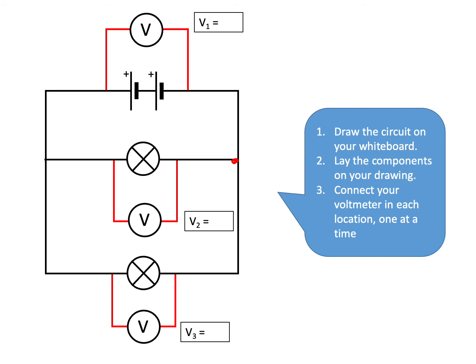Okay, so let's think about the potential difference, the amount of push. I've got 2 cells together here, so the voltage here will be 3 volts. Now what we find is that we've got this lamp connected in parallel across this power supply, so we would find that this would also be 3 volts.